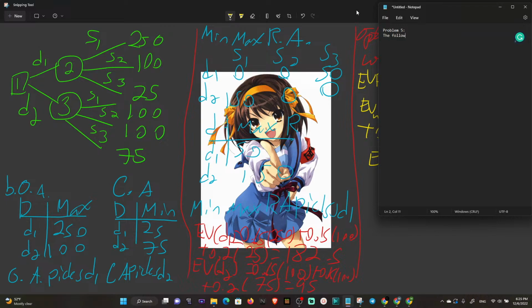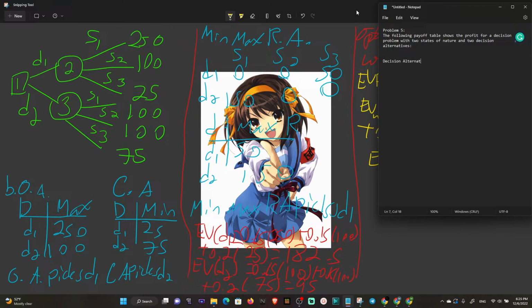The following payoff table shows the profit for a decision problem with 2 states of nature and 2 decision alternatives. Okay.